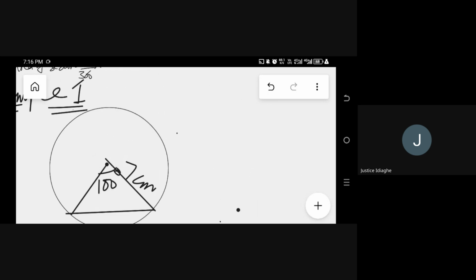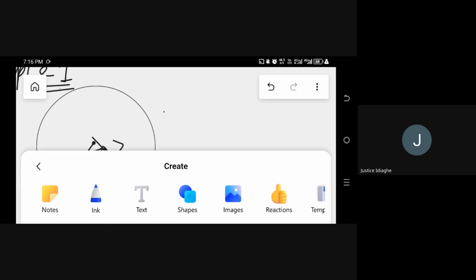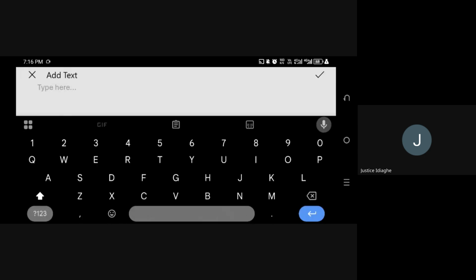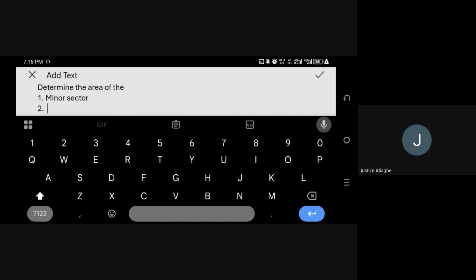In this question, you are told to determine the area of the sector. So let's put here: determine the area of the sector, first the minor sector and then the major sector.